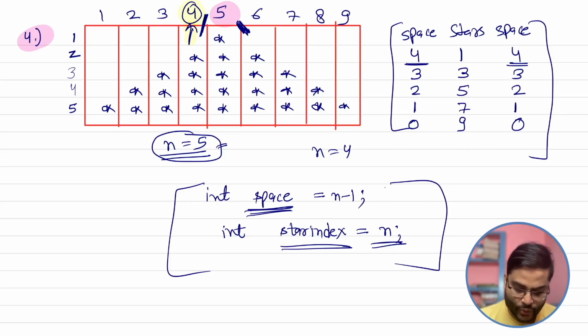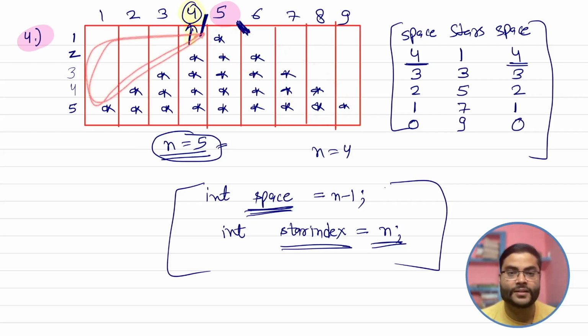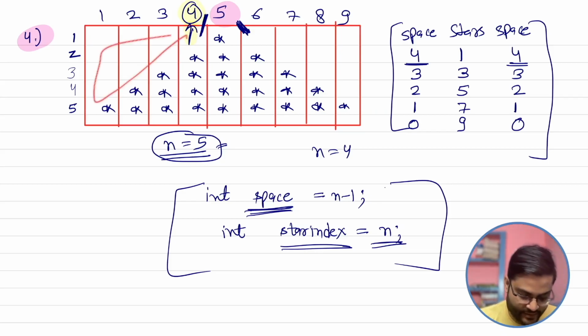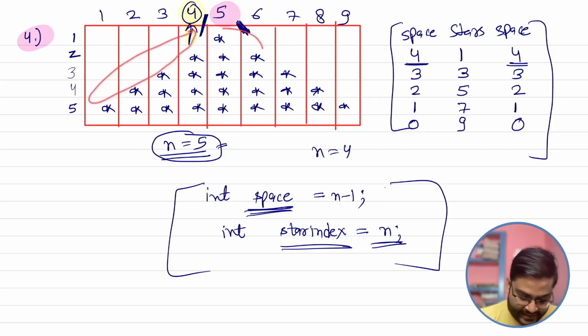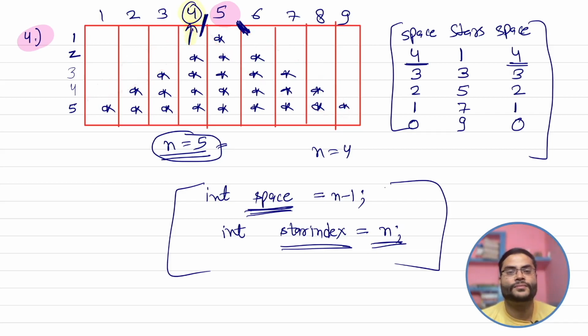Why is it increasing by 2 in count? Because on the left and on the right, 1 is increasing. We just need to take care of the ending index of spaces and the ending index of stars.